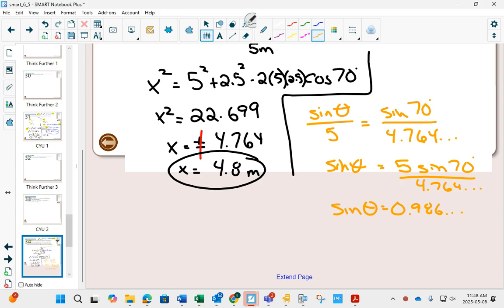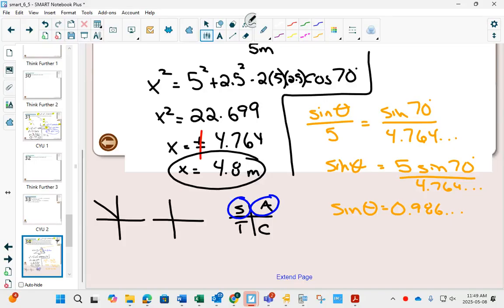Now, according to our CAST rule, do you see that this is either in quadrant 1 or quadrant 2? Here's an angle in quadrant 2, here's an angle in quadrant 1. Both of those would have the same reference angle. So we're going to need to find a reference angle.